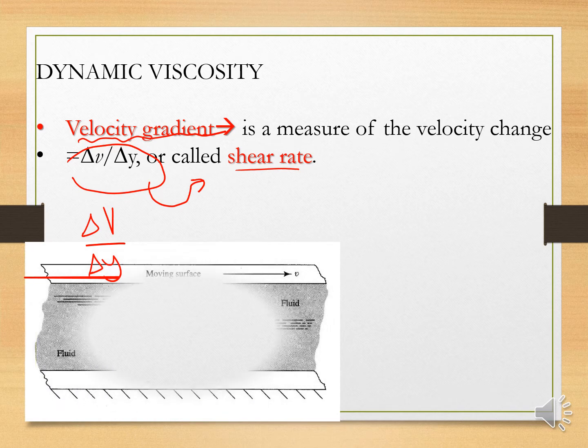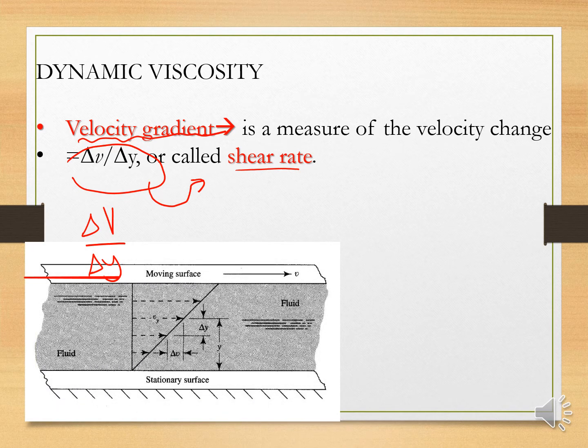If we look at this diagram, the velocity change refers to this range, where a velocity change happens in this region, and it is divided by delta y, which refers to the change in distance when the liquid moves in this direction.